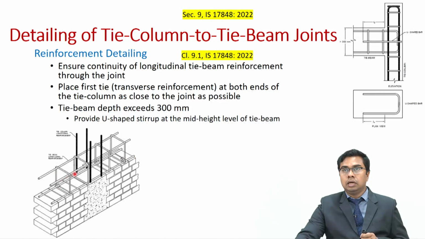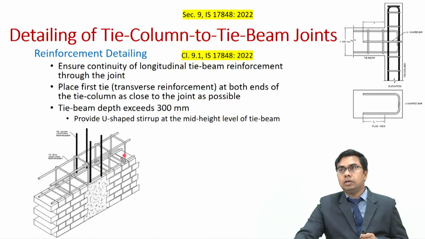So, the longitudinal steel of the tie beam shall be kept continuous, and the longitudinal steel of tie column shall also be kept continuous. However, in case of columns, you need to also make the stirrups continuous.